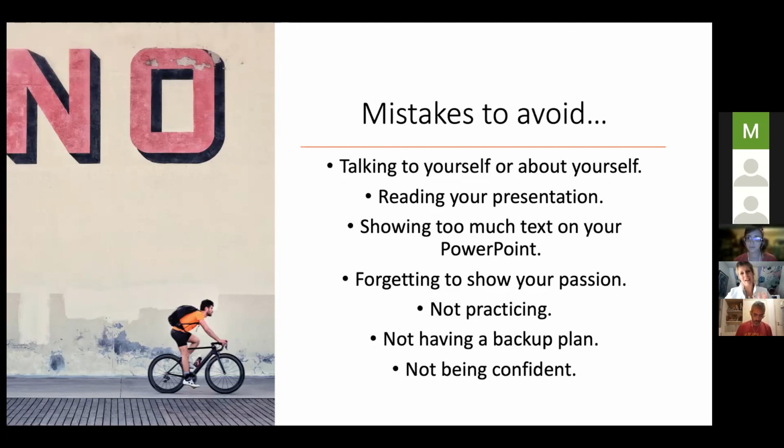So try not to read your presentation, and try not to show too much text. You can share with me at the end if I showed too much text on the PowerPoints, okay? You can give me your thoughts. You should show your passion for your topic, whatever it is, okay? So don't be shy about that.